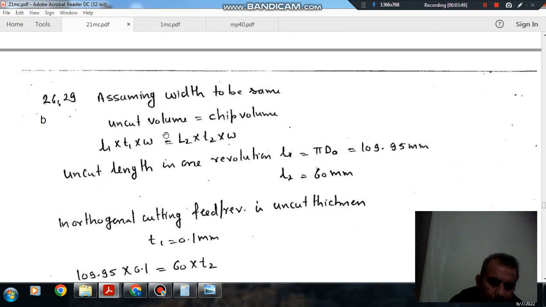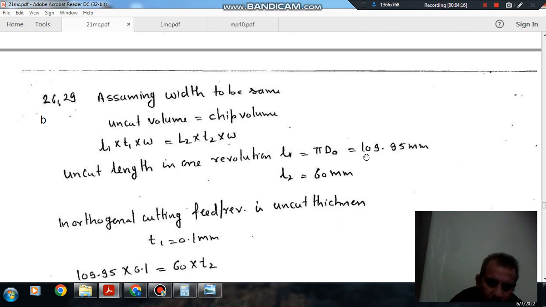Assuming width to be the same, uncut volume is equal to chip volume, so L1 into T1 into W is equal to L2 into T2 into W. L1 is pi d naught, because this is the uncut length, and d naught is the outer diameter, that is 35 mm.